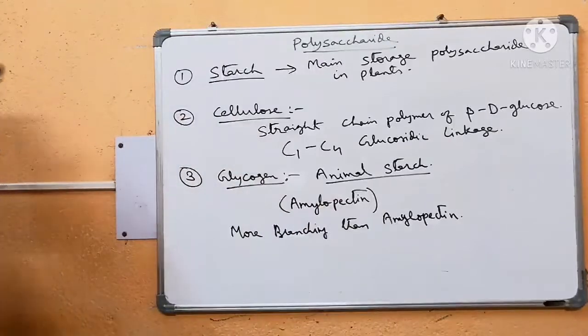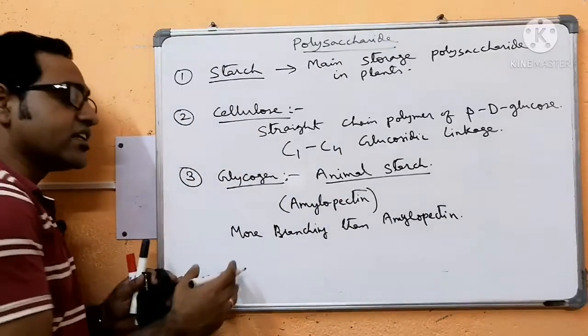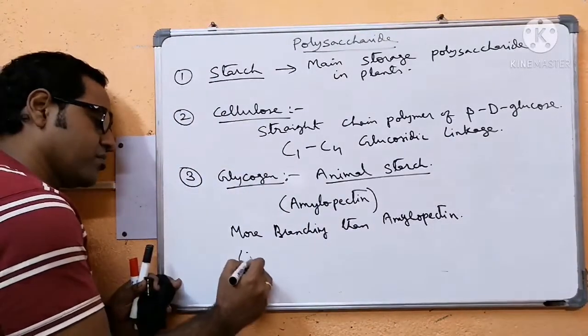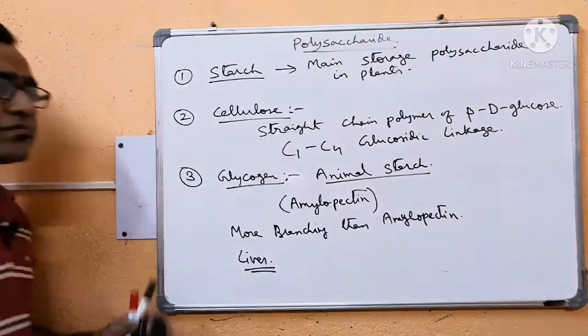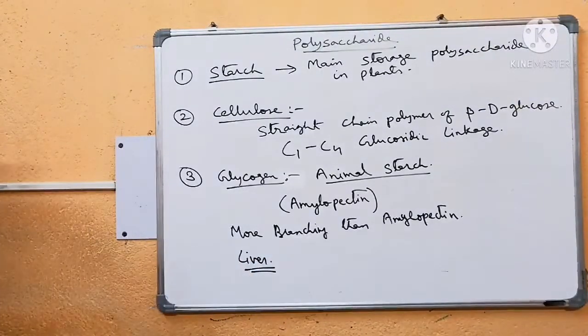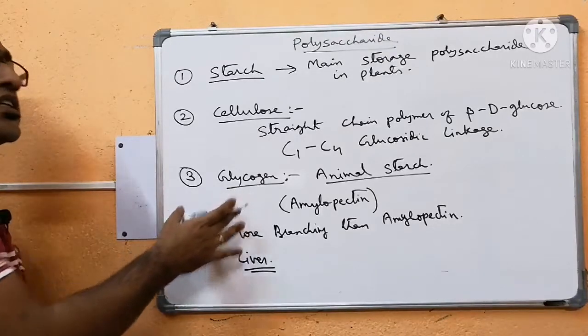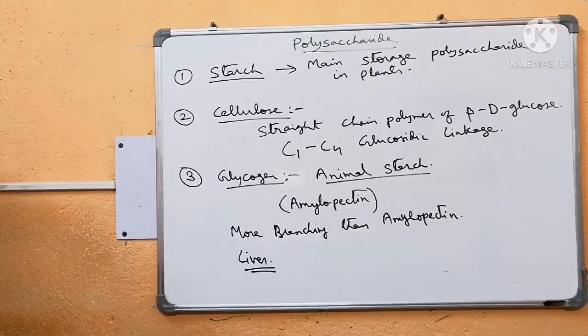So it is water insoluble and it is present in the liver. During starvation or less consumption of carbohydrate, our body uses this glycogen from the liver and converts it into glucose and provides energy. So glycogen is the storage energy in our body. It is present in the liver.